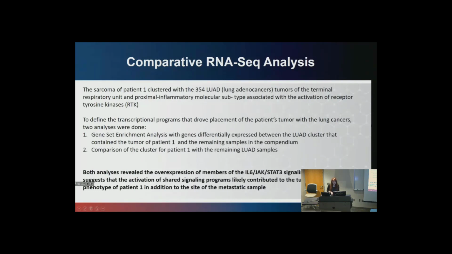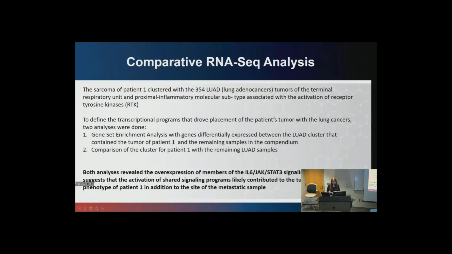The sarcoma of patient 1 clustered with 354 lung adenocancer tumors of the terminal respiratory unit, and the subtype was proximal inflammatory subtype, which was associated with the activation of receptor tyrosine kinases. And I am going to explain this in detail in the future as well. So to define the transcriptional programs that drove placement of the patient's tumor with lung cancers, 2 analyses were done.